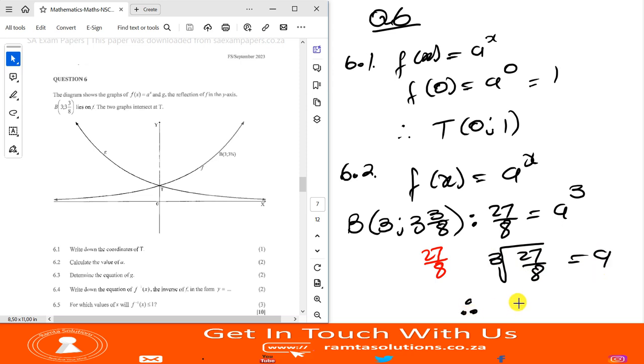Therefore, we can say a is 3 over 2. Happy? Perfect. Remember, guys, we just said a is 3 over 2. Good. We are good to go. So this a is greater than 1. We are good. Moving on.